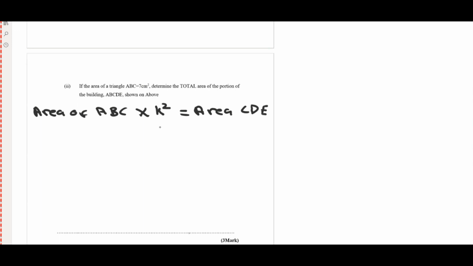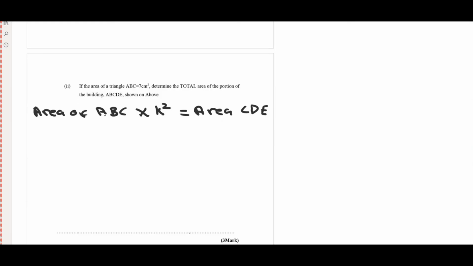This was a formula that we learned for scale factors: you have to square the scale factor when we're talking about area.